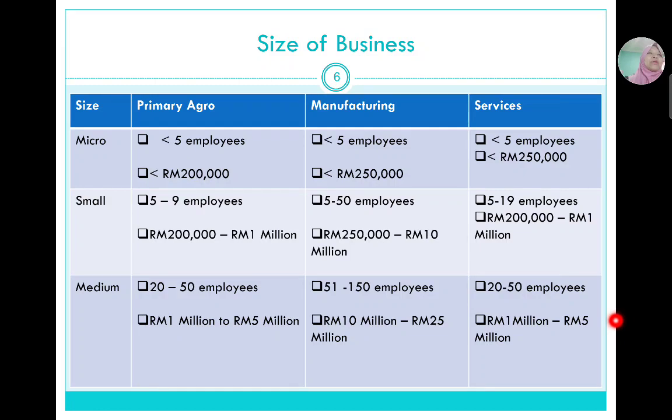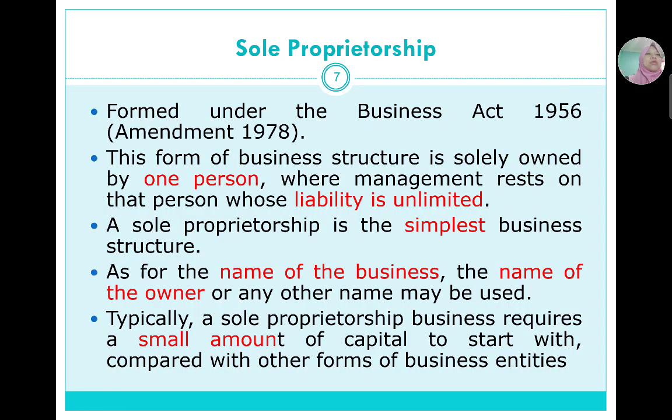The majority of business formation in Malaysia is services. For services, it requires a slightly lower number of employees compared to manufacturing companies. This is just for your general knowledge.